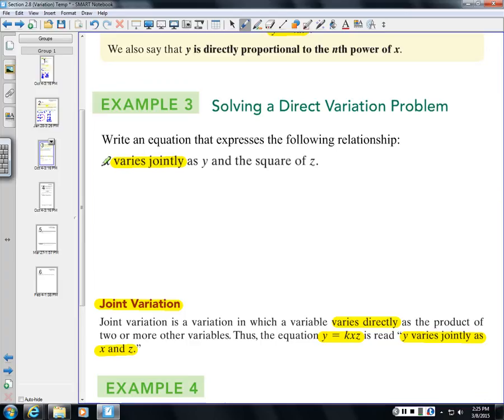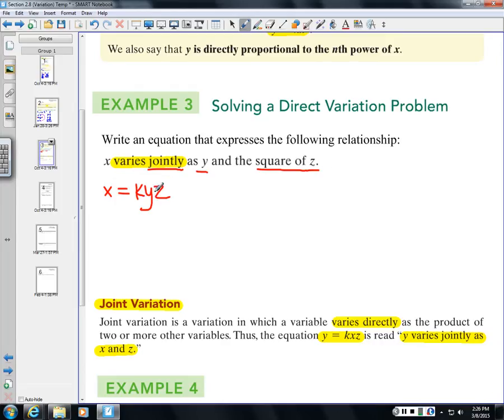Now, x varies jointly. Jointly is still direct variation. It's still going to be multiplication. Now, pay attention, they've swapped the variables on me. Instead of y varies jointly as x, they have x varies jointly. So instead of y equals, it's going to be x varies jointly as y and square of z.